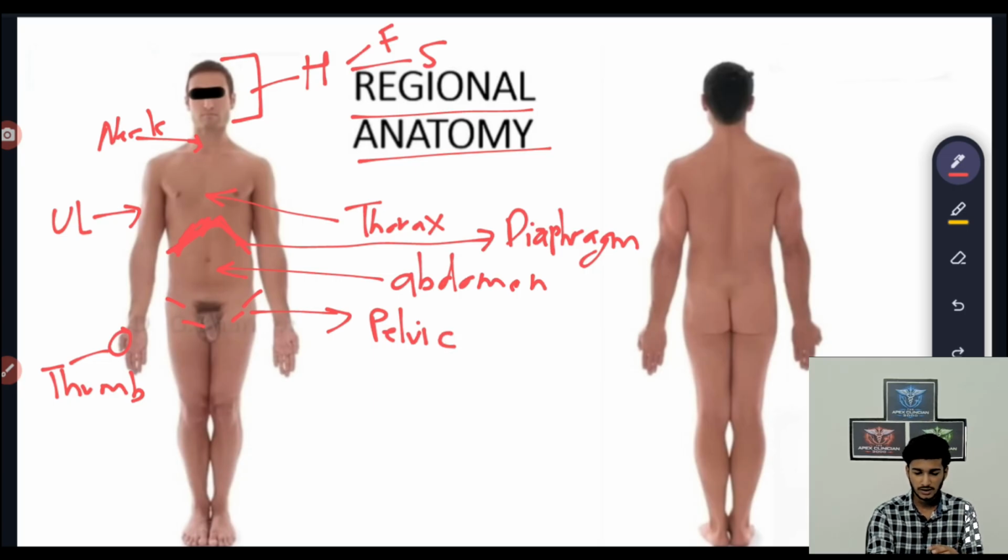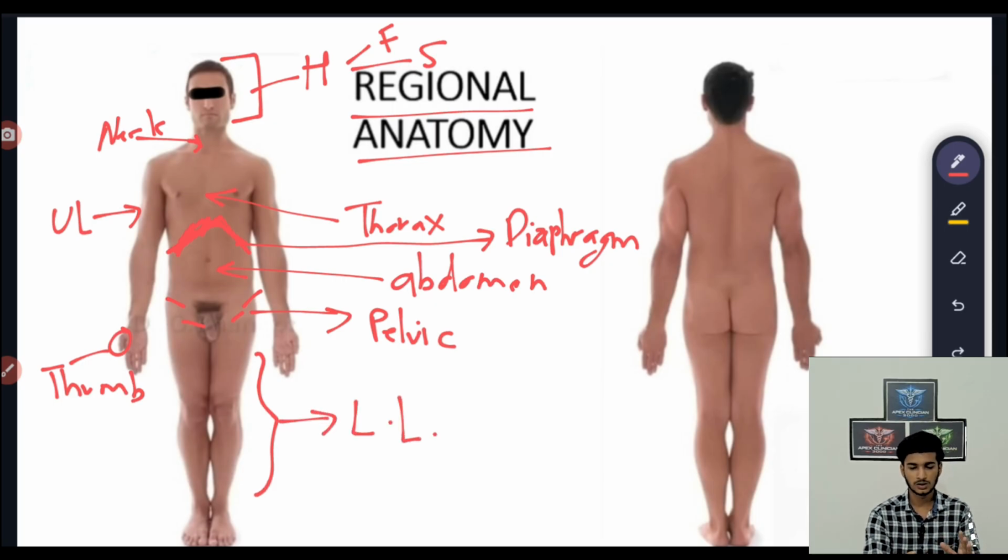Below the pelvic region, you can appreciate this limb, that is the lower limb. Now, these were the regions of the human body from the anterior surface. What is the anterior surface? The parts which are present at the front are called the anterior part, and the parts which are present at the back side are called the posterior part.